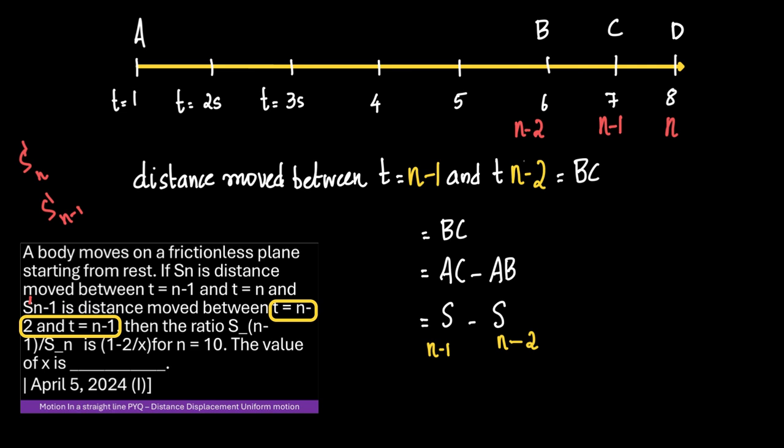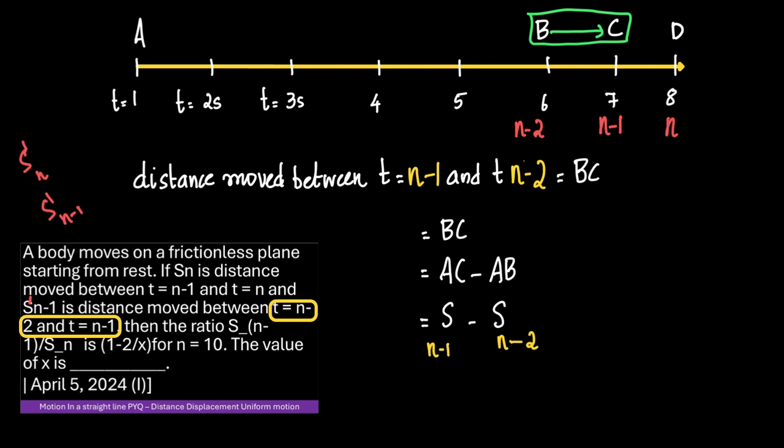So the distance moved between t is equal to n minus 1 and t is equal to n minus 2 is actually this distance, BC. And what is BC from the figure? Exactly, it should be AC minus AB. What is AC? AC is this distance, S7, which is Sn minus 1.